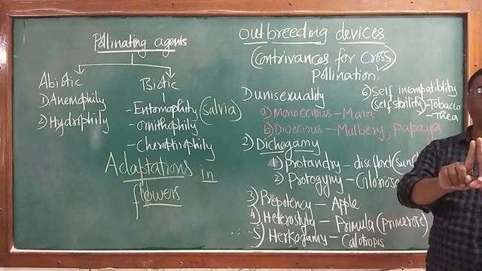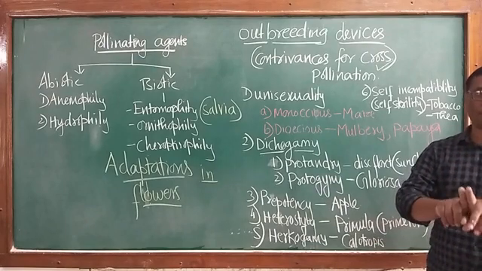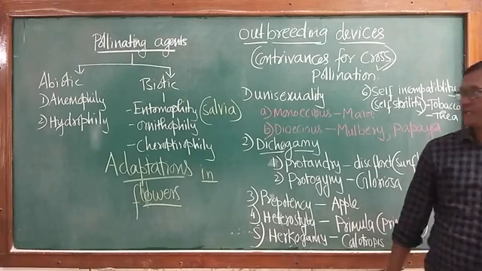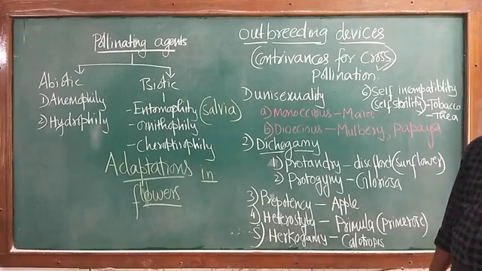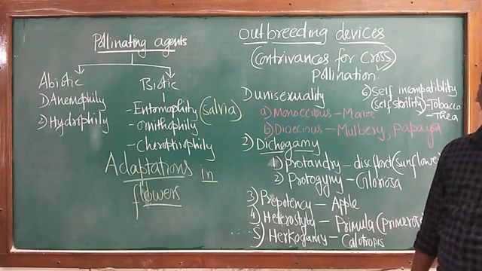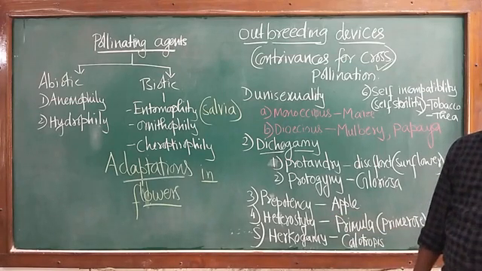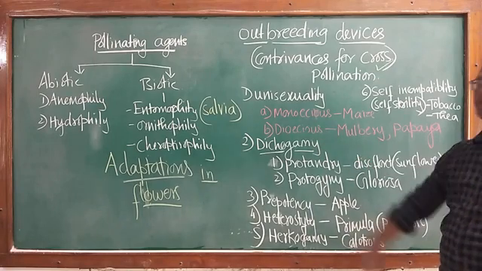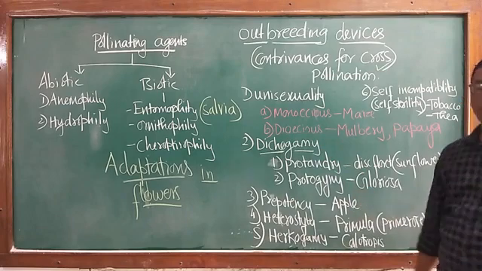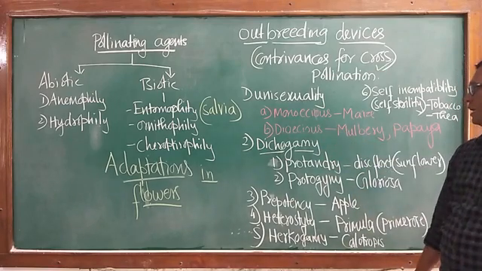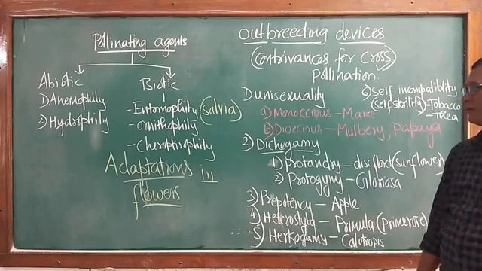Both sex organs are not present in the same flower. Such flowers may again be classified according to their position on the plants. Some plants are monoecious and some are dioecious. What do you mean by a monoecious plant and what is a dioecious plant?